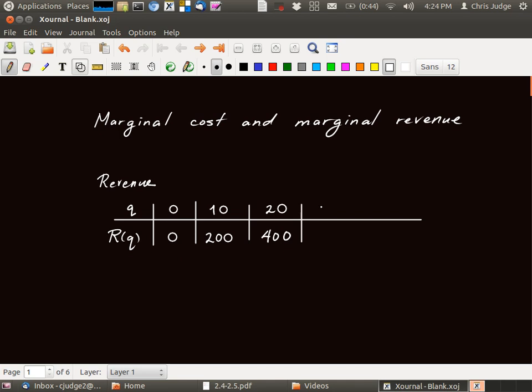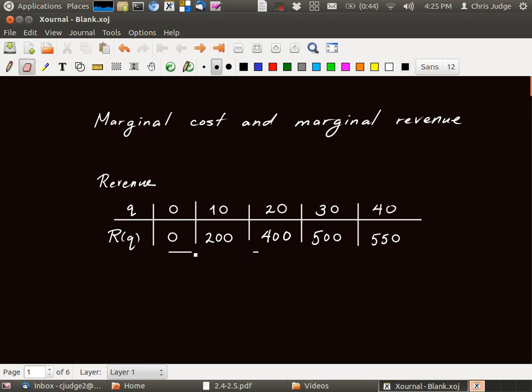The demand might not be so great for, say, 30 units that I sell, so maybe I only make $500, so the price has gone down. This is quite possible. So here we have a revenue function that's not a linear function anymore. It looks linear up until about here, and then afterwards it's no longer linear.